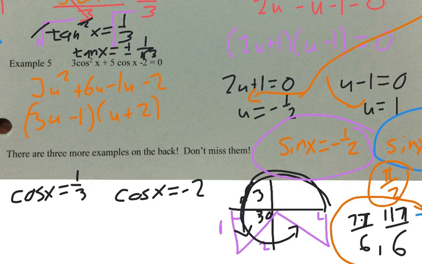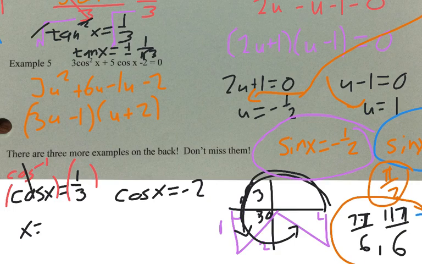So why is x not by itself? Because we're taking cosine of x. So how can I undo a cosine? I could take the inverse cosine of both sides. So the inverse cosine of cosine cancels, and we're left with x equals the inverse cosine of 1/3.